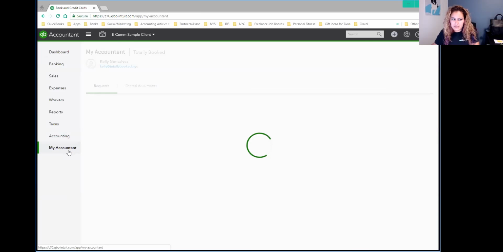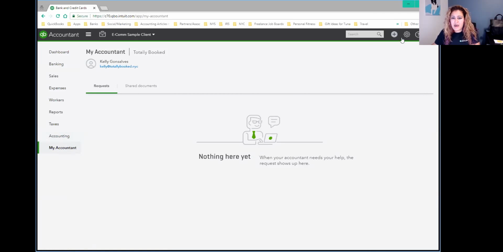My accountant only applies if you have an accountant user on your account. So in here, you can send documents. So if you had to send them a bank statement or if they asked you for a bill, something they needed to see, you can send them back and forth here. So like this one says, Kelly will get it because that's my email address.